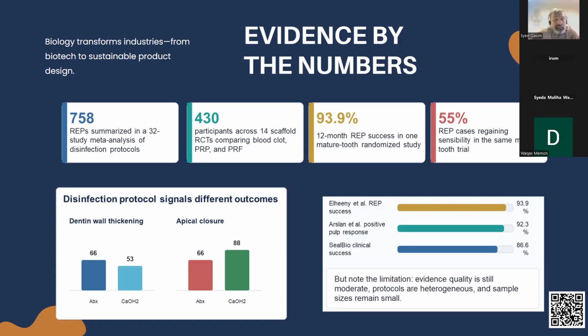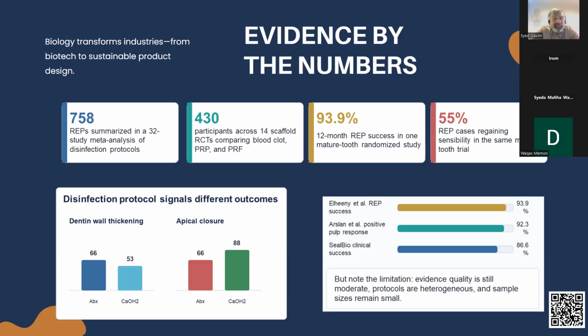Another study in which there was evidence accumulated from a meta-analysis again, they were talking about scaffolds in there. So 14 randomized clinical trials were pooled, with around 430 participants.